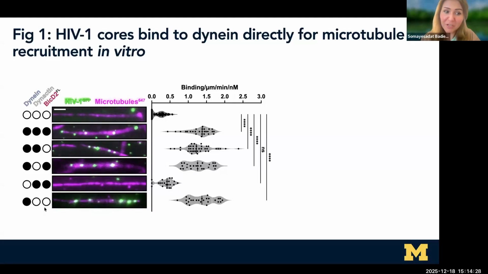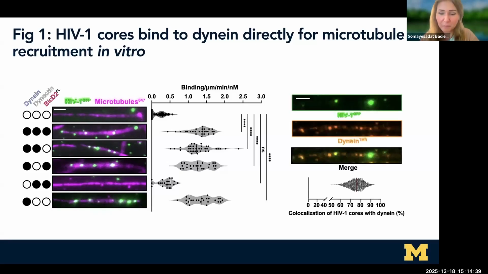Eventually I noticed that the only thing I need to recruit HIV-1 to the microtubule is dynein, and BICD2 is not needed in this case. And over here, co-localization also showed that on the microtubule, HIV-1 can be localized with the dynein molecules.